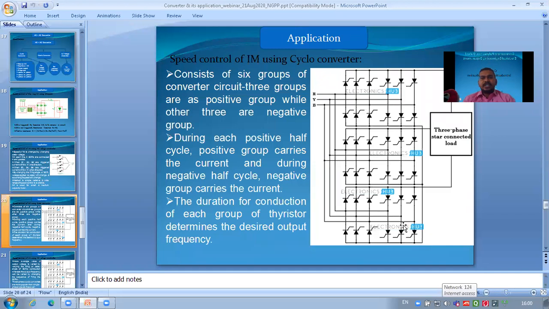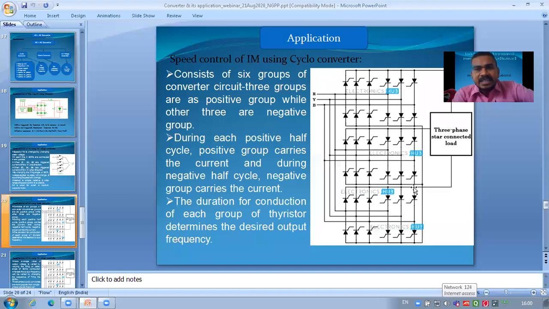During each positive half cycle, the positive group carries the current, and during the negative half cycle, the negative group carries the current, and the duration of conduction of each group of thyristors determines the output frequency.